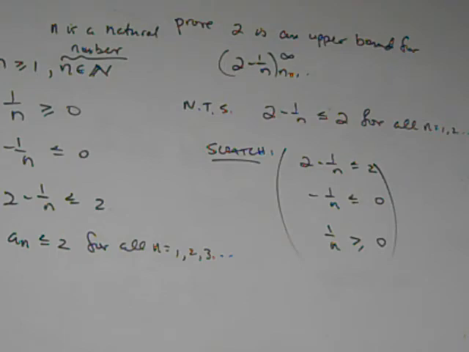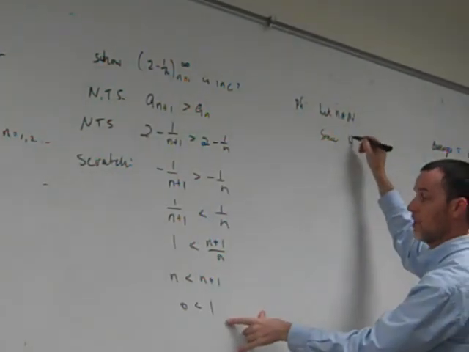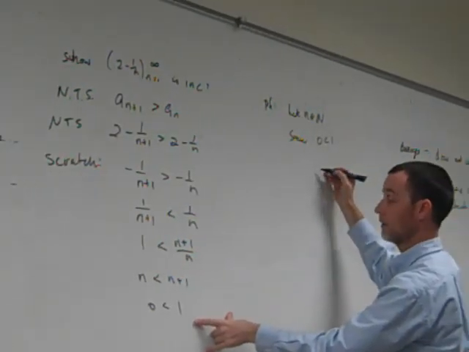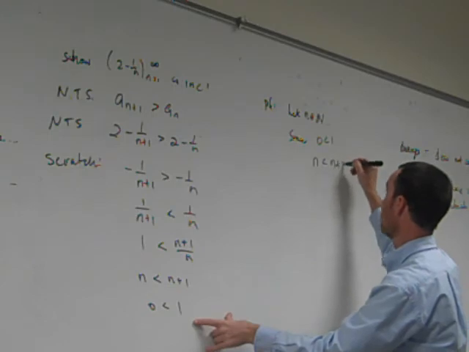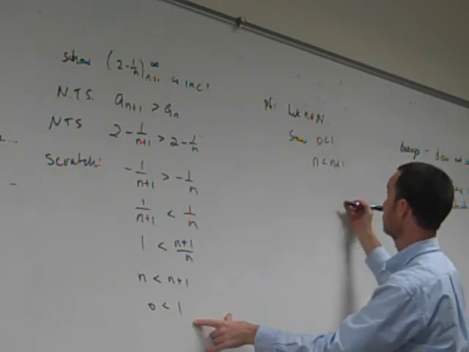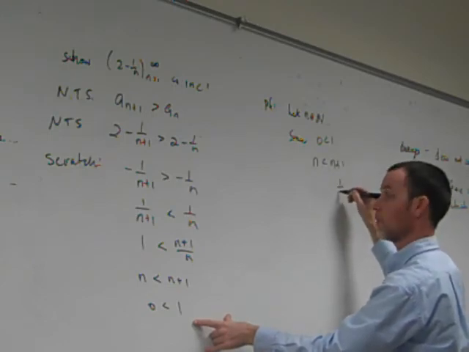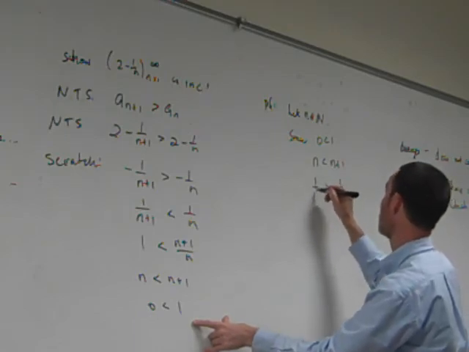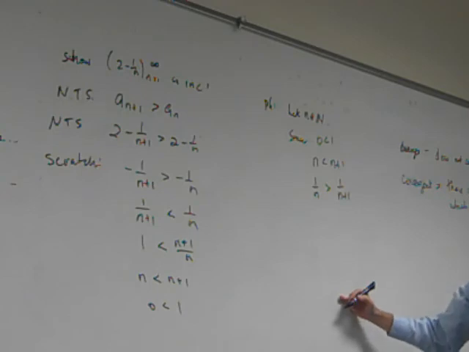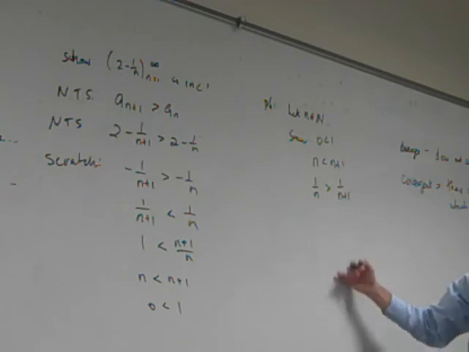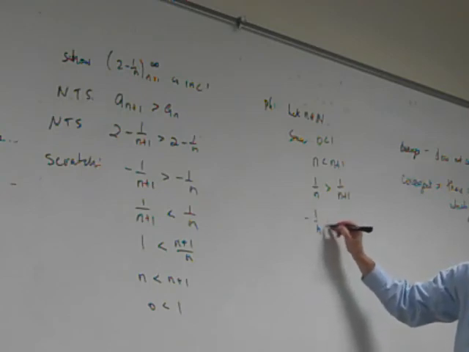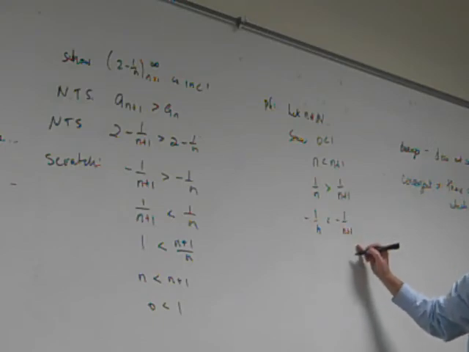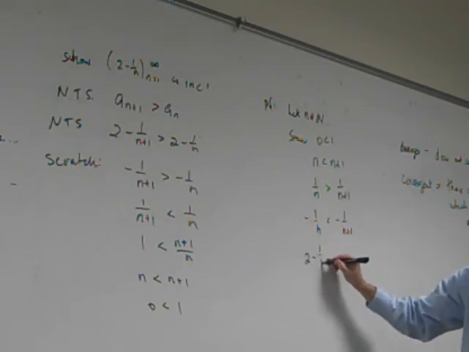Let n be a natural number. Since 0 is less than 1, n is less than n plus 1. I think I'll just flip both sides right away. 1 over n plus 1 is, oops, got to flip my sign. Multiply by negative. Add 2.